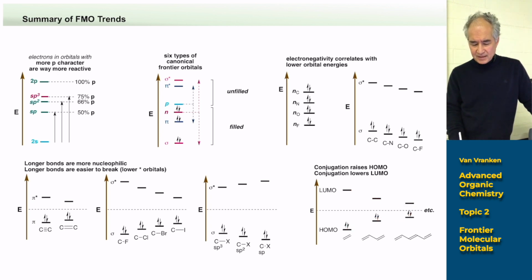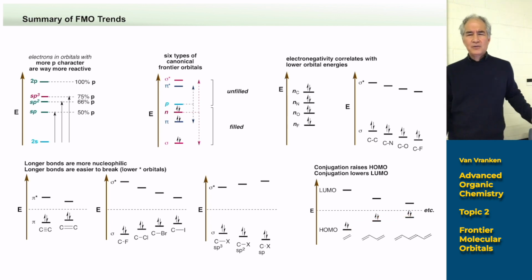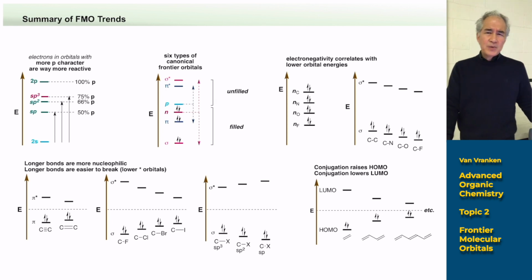This pinching effect. This predicts that the more conjugation you have, the more nucleophilic and the more electrophilic those orbitals will be. So as we go through this class, we're going to be doing a lot of arrow pushing, and these powerful rules, if you know the periodic table and some simple ideas about the energies of canonical orbitals, you can make powerful predictions about where to make your curved arrows start and where to make your curved arrows end.